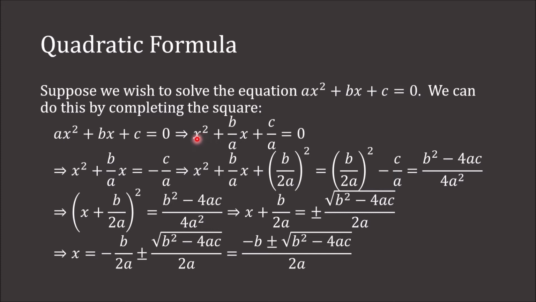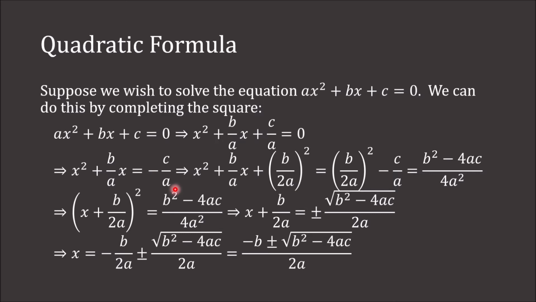That gives us x squared plus b over a x plus c over a is equal to 0. Now let's move the constant to the other side, so we'll have x squared plus b over a x is equal to negative c over a.